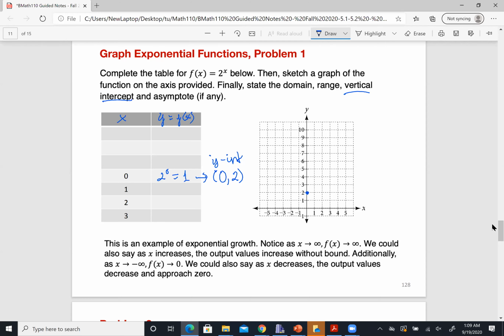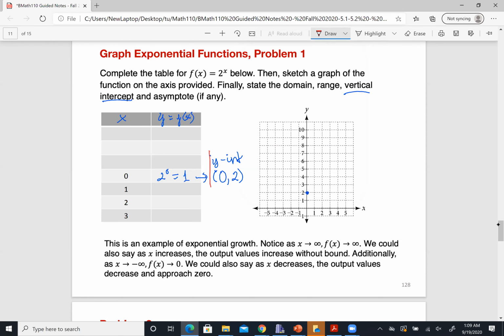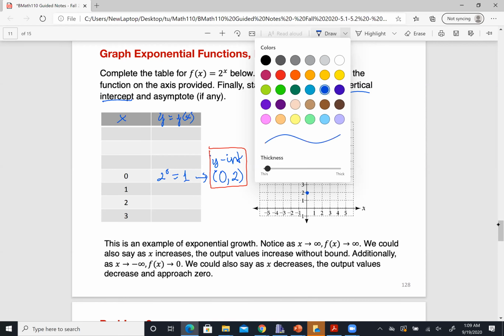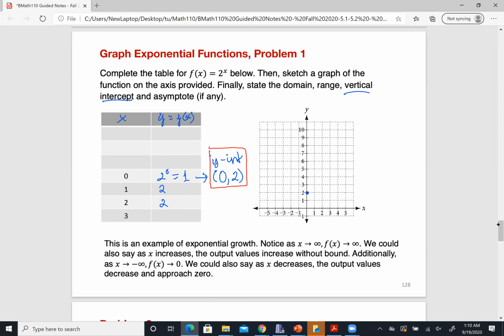I'm gonna circle it to make sure I don't forget it. Okay, and then if we have 1, then I have 2 to the power 1, which is 2, right? And 2 to the power 2 is 4.